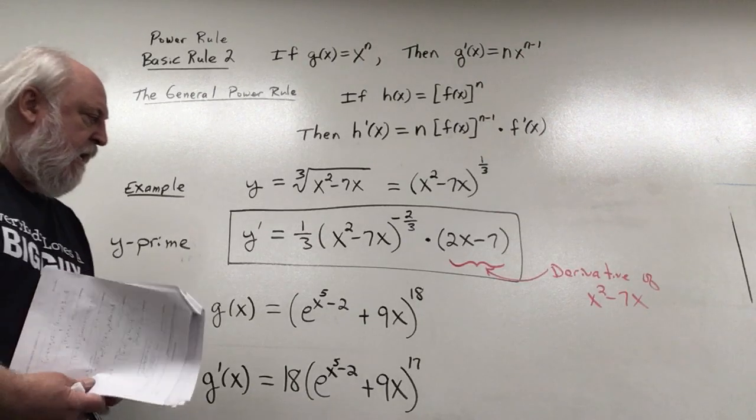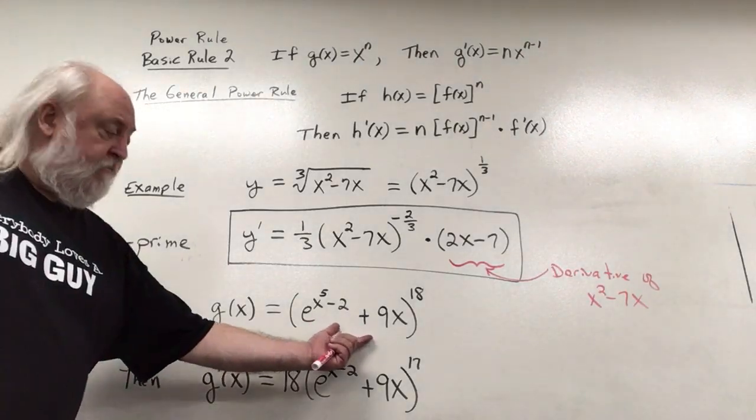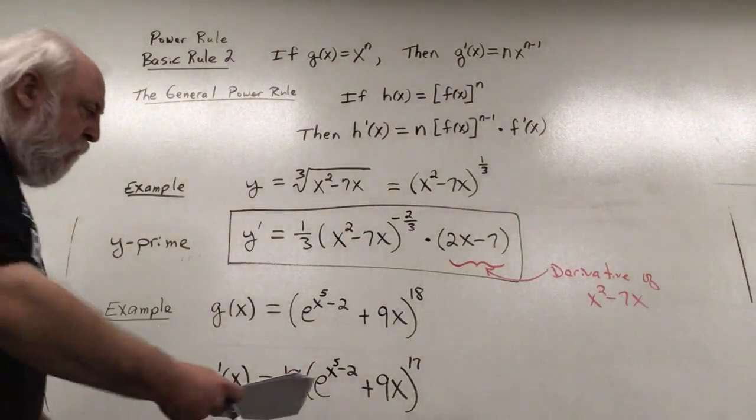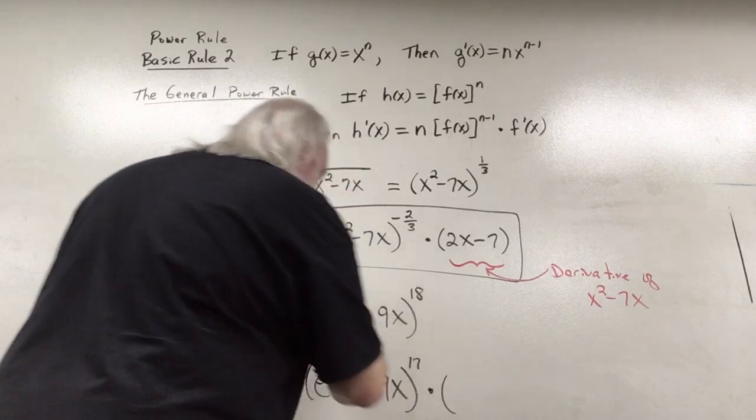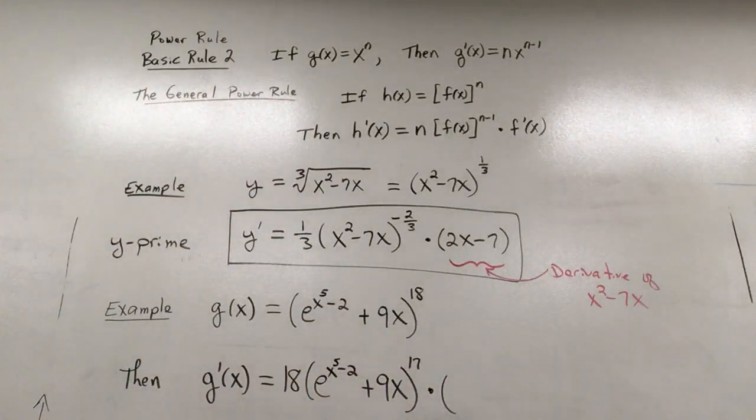But because this is an algebraic expression involving x, we got to multiply all this by the derivative of what's inside the parentheses, which is kind of complicated.